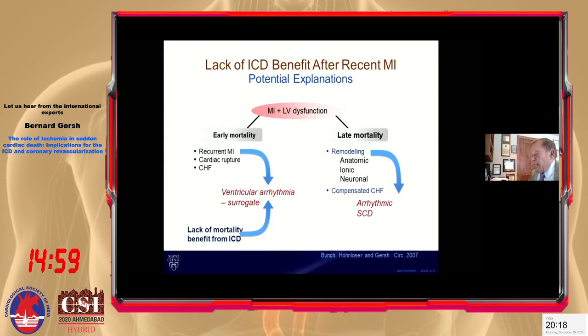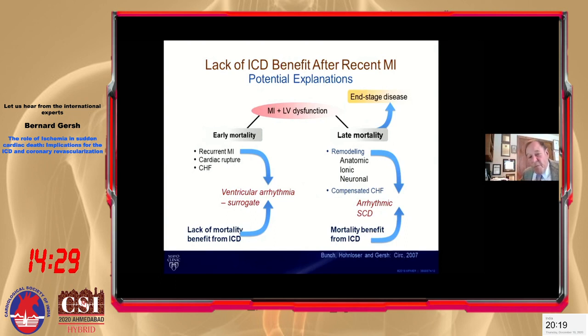Late mortality after 3 months or 6 months is due to remodeling, both anatomic, ionic, and neuronal, compensated heart failure, and now the events that cause sudden unexpected death are true arrhythmic events. And this is where you get a mortality benefit from the ICD. What we're starting to see is a whole different spectrum.